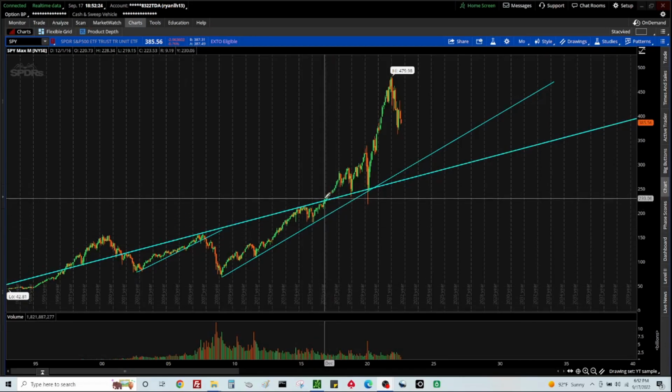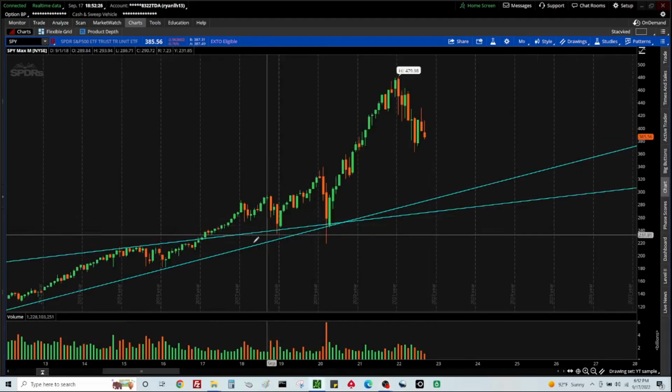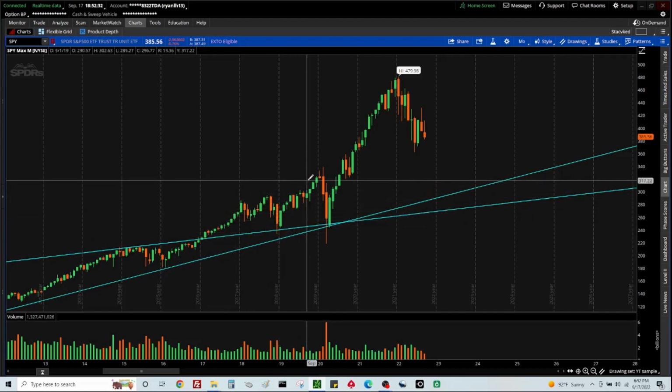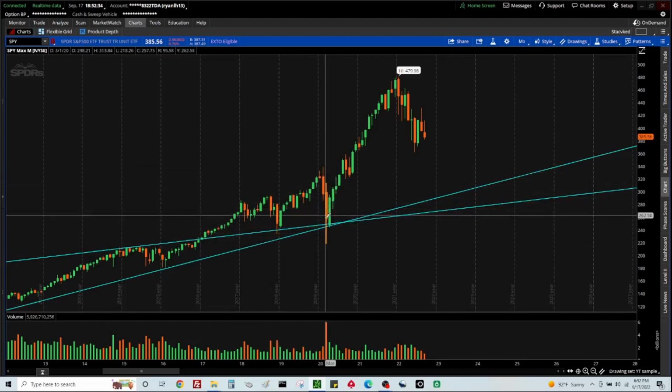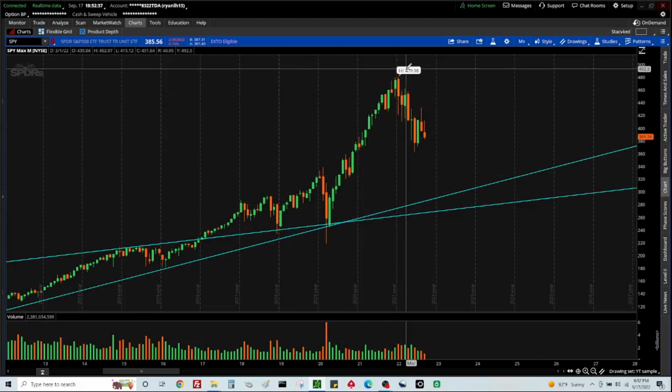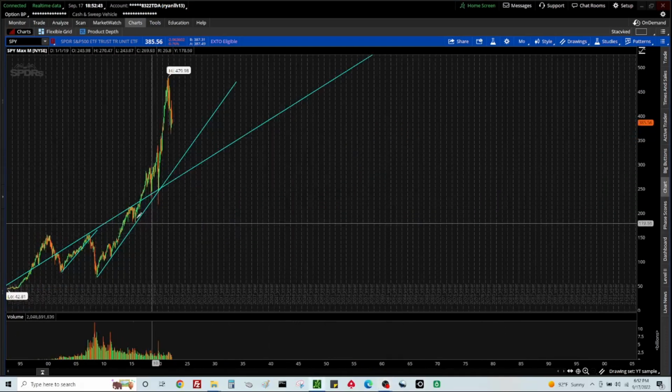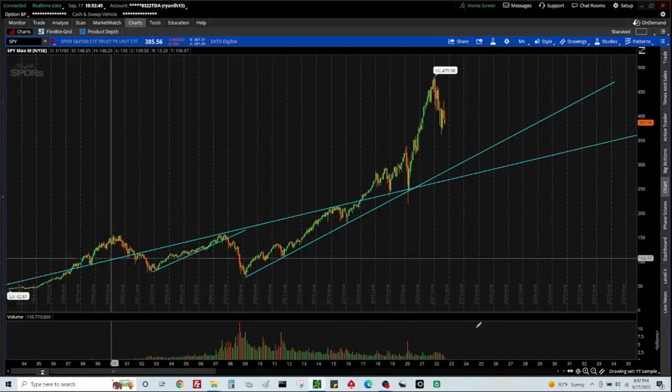It got rejected on this candle right here. Let me zoom in. Got rejected on this candle here, and it finally acted as support, support, support, and then came back all the way down to support, and then support again, and broke and went all the way up. So we have these two lines that act as support and resistance. Blow back up.